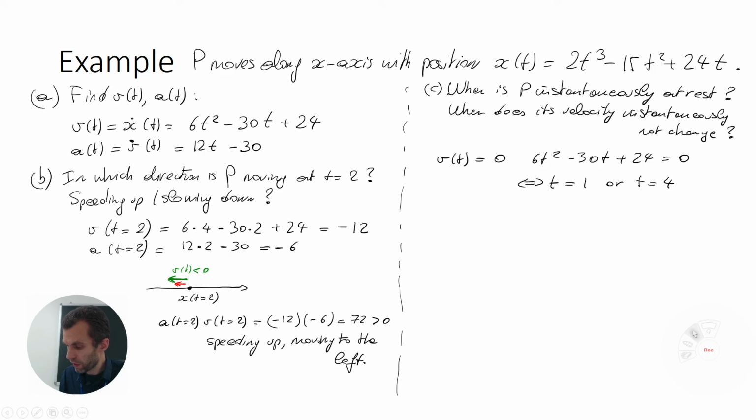And then for the second part, we have to look at the acceleration. So where is the acceleration equal to 0? So that means 12t minus 30 is equal to 0. And this is easy to see. For that, t is equal to 30 divided by 12, or 5 divided by 2.